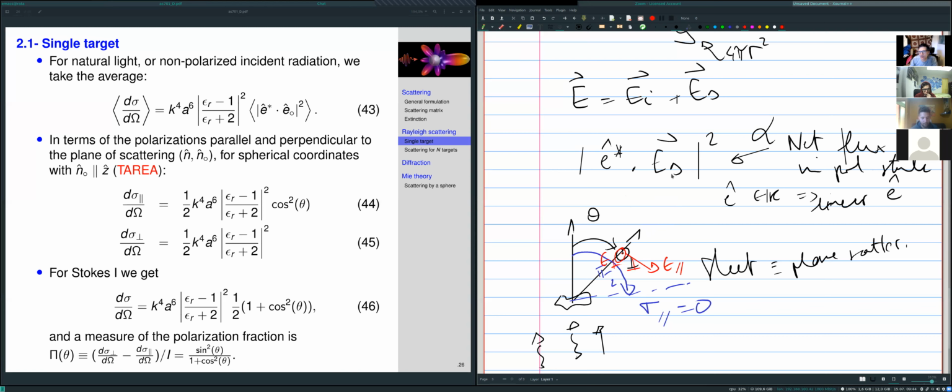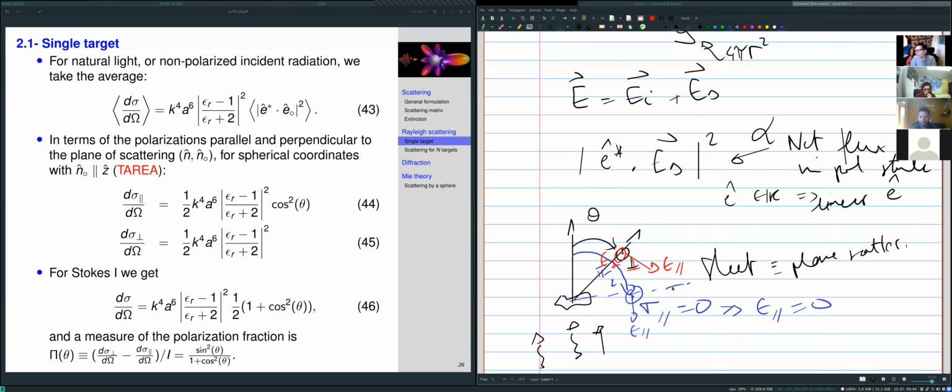And so here, in this case, we have E parallel and E perpendicular. What I'm trying to say is that E parallel is 0. The scattered field at right angles is 0. This means that if you're observing scattered radiation, the scattered radiation is 100% polarized at right angles.